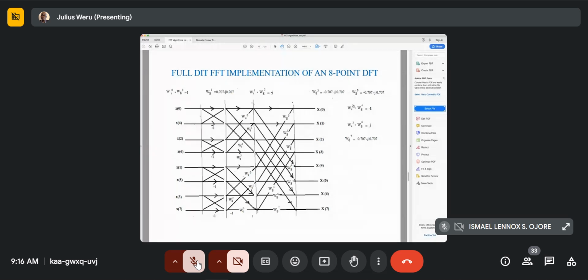W4 to the power of 2 is just W8 to the power of 4. The same thing, W4 to the power of 3 is W8 to the power of 6. If you look at them as W8, that's how the periodicity comes in.